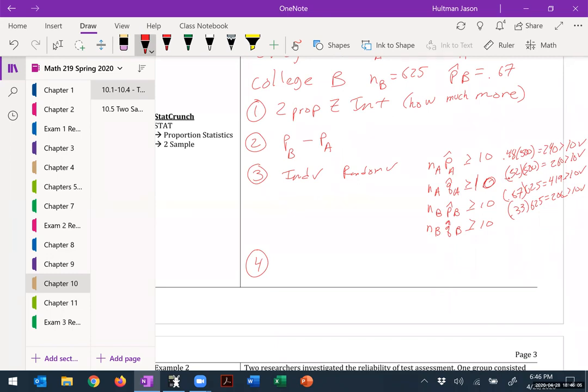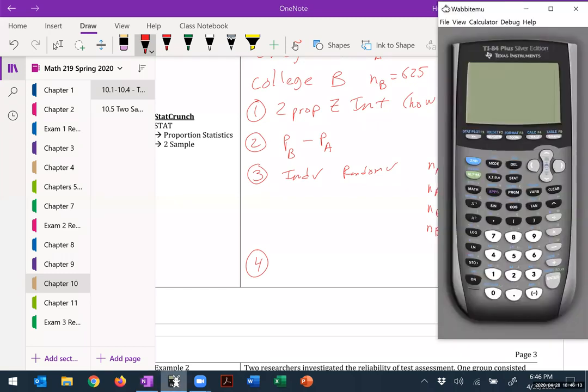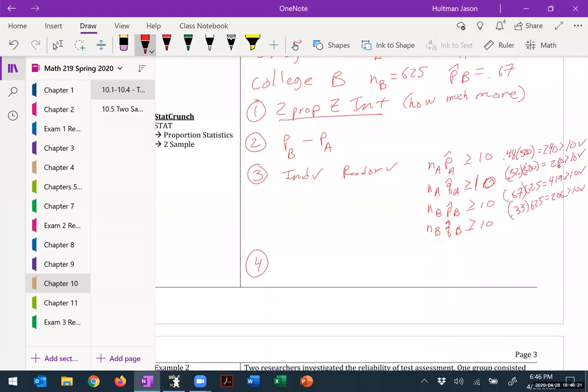Okay, so we want to know, let's do an interval. Let's first do this on the calculator, and then we'll do it on StatCrunch. In order to do it on the calculator, we need to go to stat, and we're going to go to tests. We're going to look for that 2 prop z int.